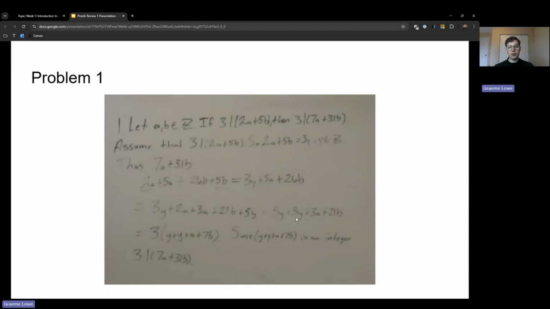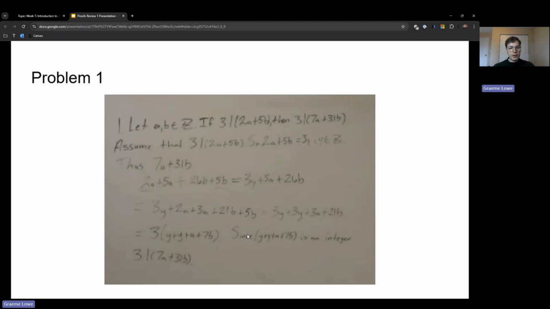So now this is looking quite nice because every term here is divisible by 3. The next couple of steps will be quite revealing. We will factor out a 3 and get the form 3 multiplied by y plus a plus 7b.